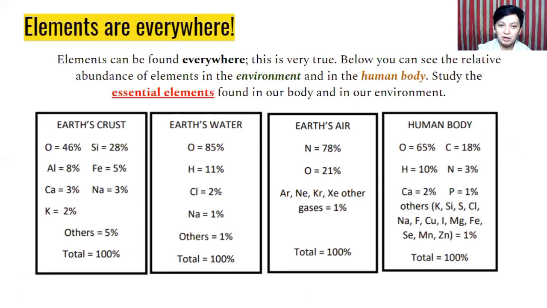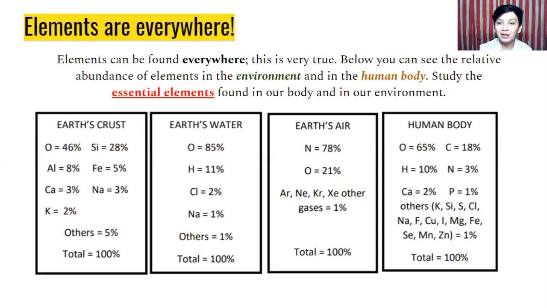In Earth's water, as we all know, it is composed of H2O, made up of oxygen, hydrogen, chlorine, and sodium. Earth's air is composed of 78% nitrogen and 21% oxygen, and the other 1% are other gases. So basically the atmosphere is made up of nitrogen, at 78%.